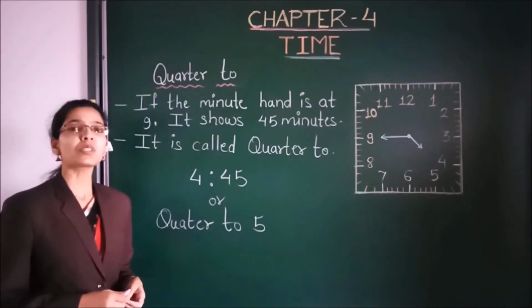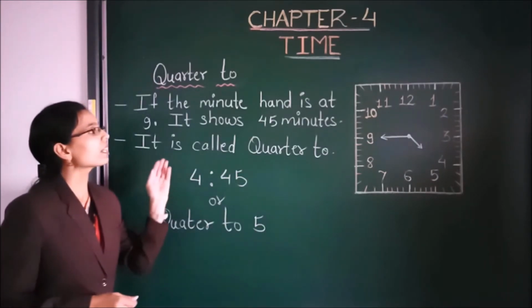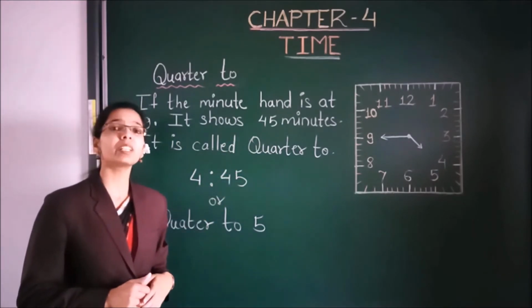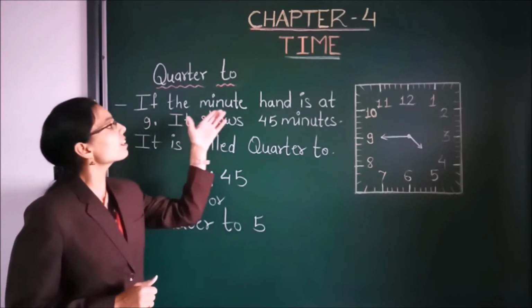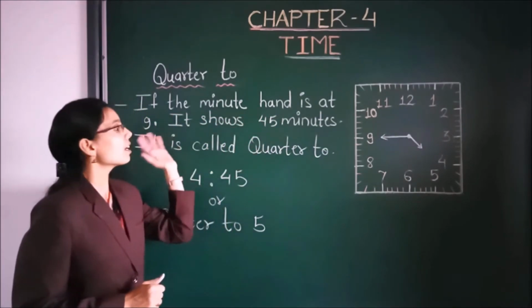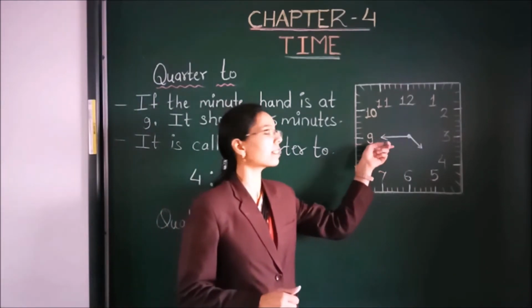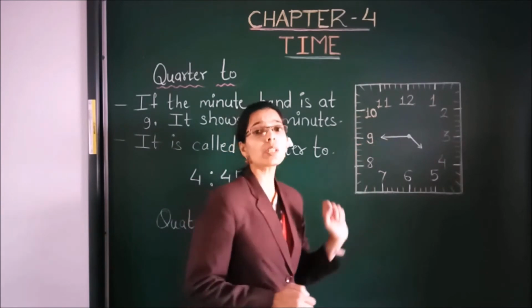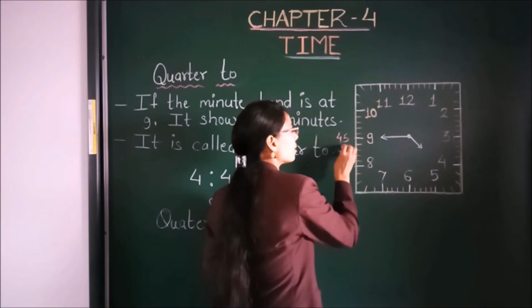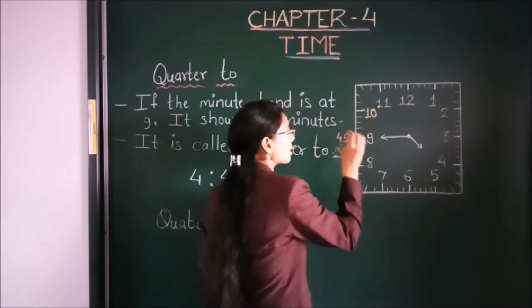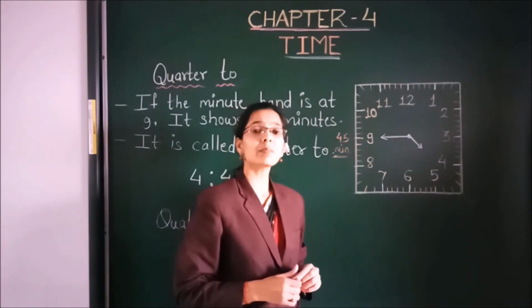Understood? Now children, look at here, quarter to. How will we read this time? If the minute hand is at 9, how many minutes does it show? 45. How do we calculate the minutes?